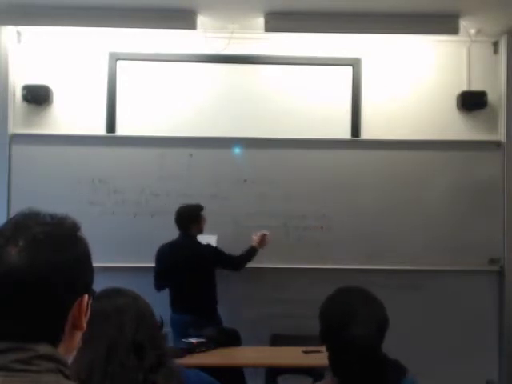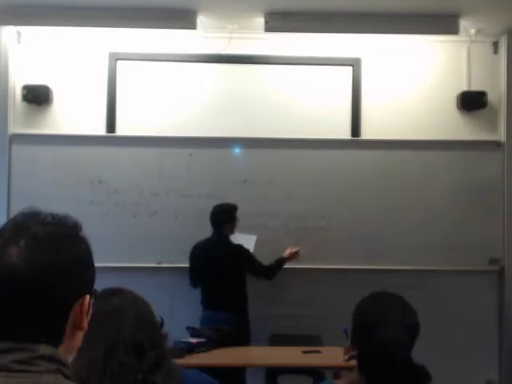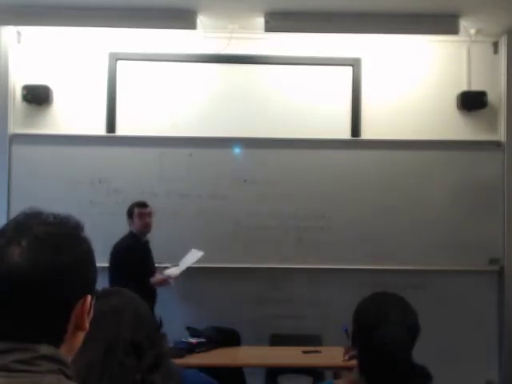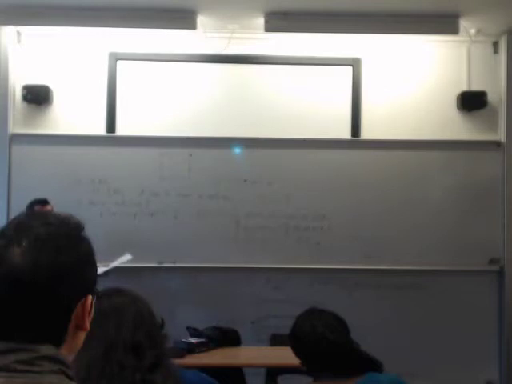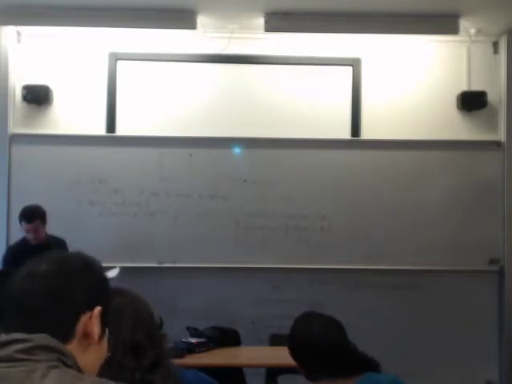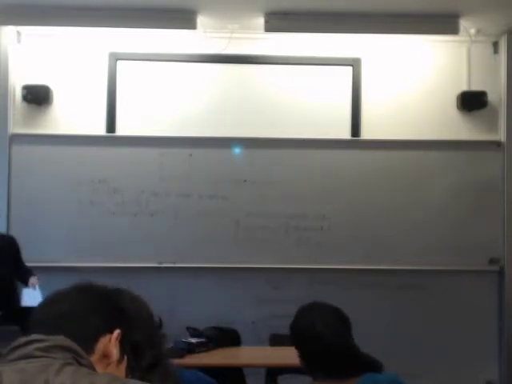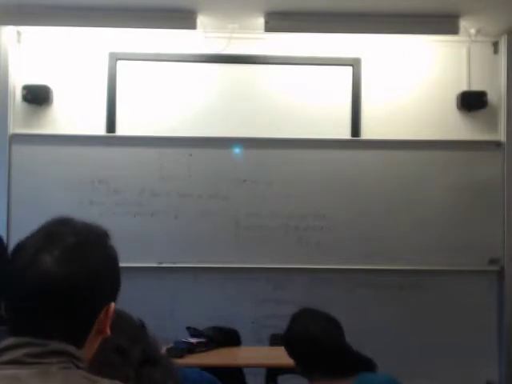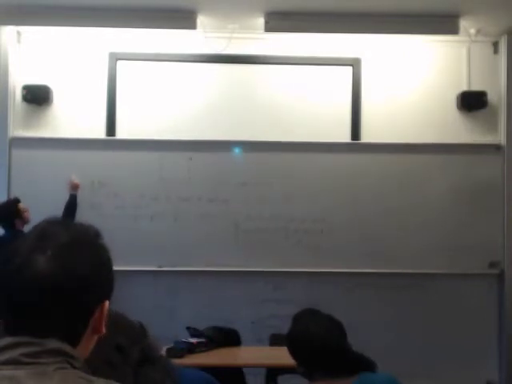But this thing is a function in A and C, as is this. So there's no way I'm going to decouple those factors. So that's question 4.12. Sorry, I should probably write the question.